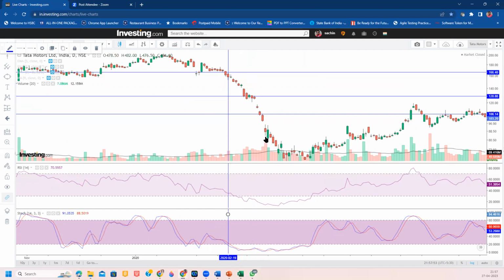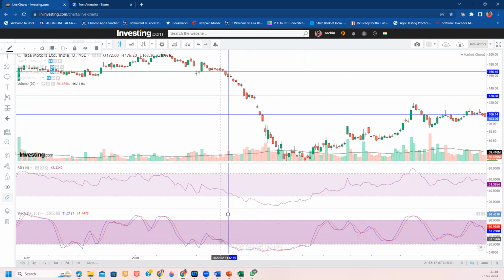On that particular day, the volume was also higher than the average volume. So either we can select that candle for looking at the volume, or sometimes we also need to look at which candle the negative crossover is happening.